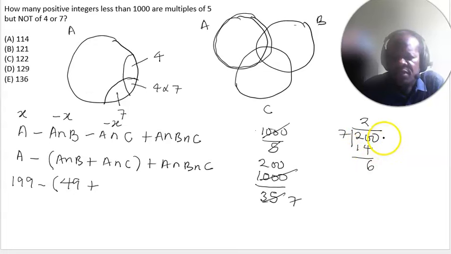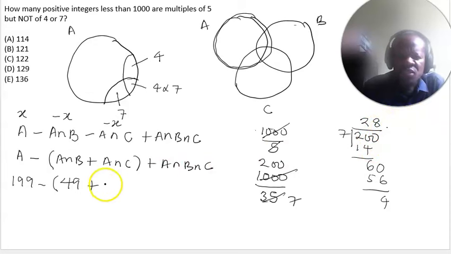So we have 6, bring down 0. How many 7s do we have in 60? That is 8. 8 times 7, that should be 56. 60 minus 56 is 4. There is no number to bring down, so we are going to have a decimal part here. But we don't need the decimal part. So that means we have 28 multiples of 35 between 1 and 1000.